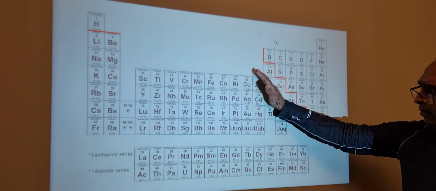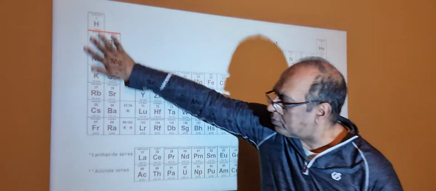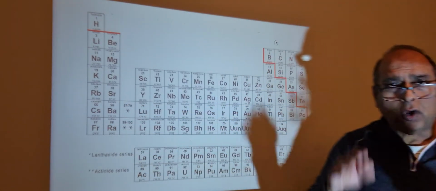Everything else, all of the rest, are all metals. So with your pen, label it. The shaded ones are non-metals, but everything else is a metal. And that is the main classification that I want you to know about.